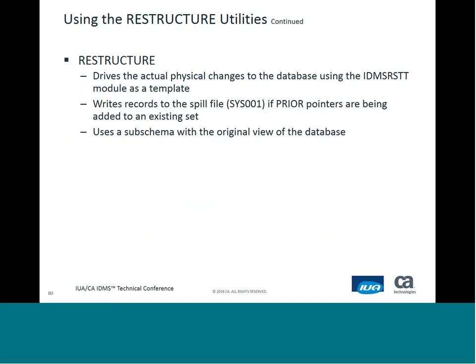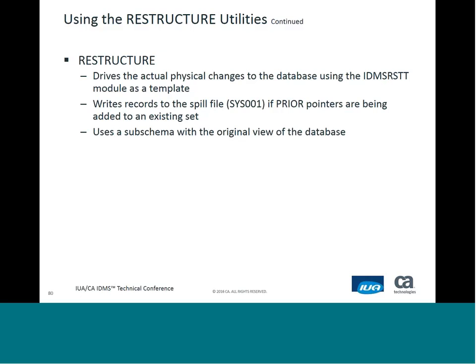So as I pointed out, Restructure drives the actual physical changes using IDMS RSTT as a template. If a prior pointer is being added to an existing set, then the sys001 DD name must specify a sequential file, and we will write all the information we need to connect those prior pointers to those existing sets.